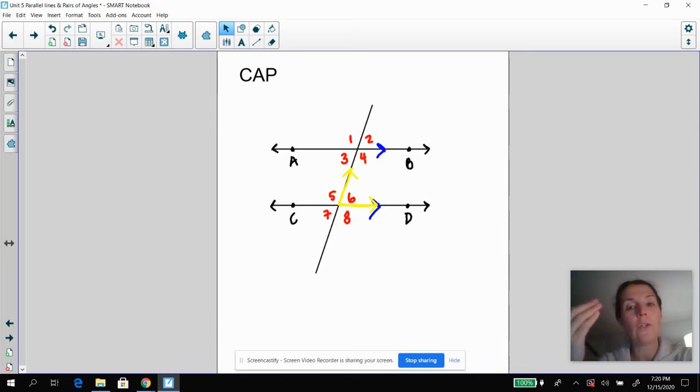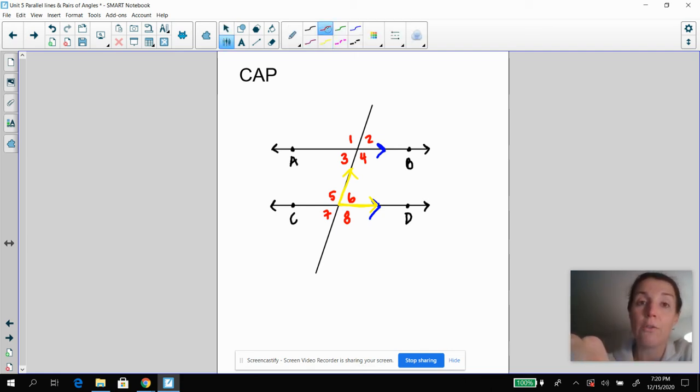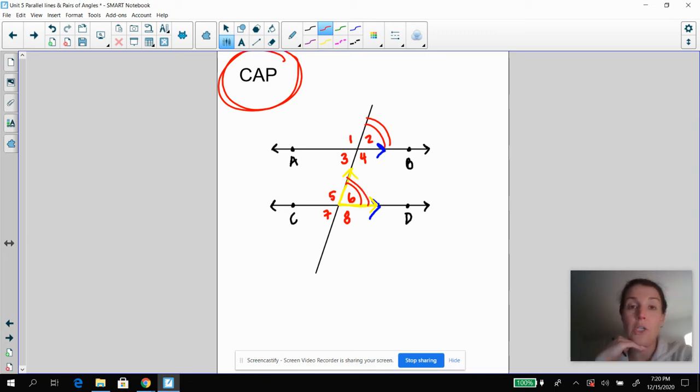We would consider angle 2 and angle 6 to be corresponding angles. And because I know that AB is parallel to CD, those two lines are parallel to each other, I know that my corresponding angles are going to be congruent. So this is what the CAP tells us, that corresponding angles are congruent to each other.